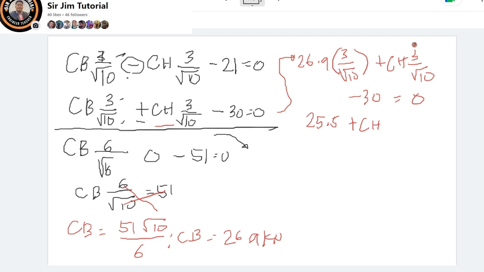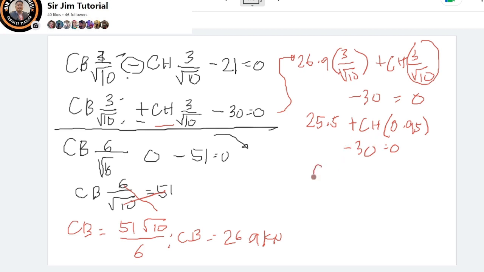25.51, and then plus CH. You can just simplify this one: 3 divided by square root of 10 is 0.95, and then minus 30 equals 0. Now 25.5 minus 30 will give you minus 4.5.